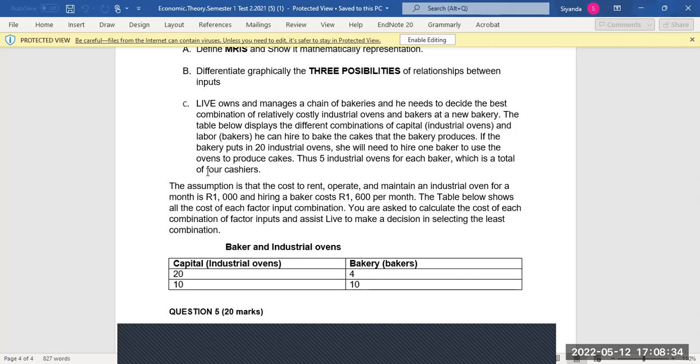They have a certain least combination in how they have to work, according to the industrial ovens that they make use of, which are more efficient maybe in the production of pizzas. But if it happens that they have more bakers than the available ovens, they have to reduce the number of bakers so that the ovens will correspond to the people that will put them into function, right?